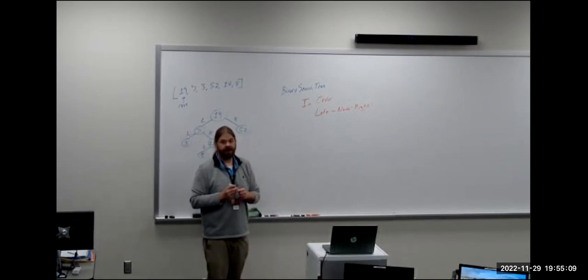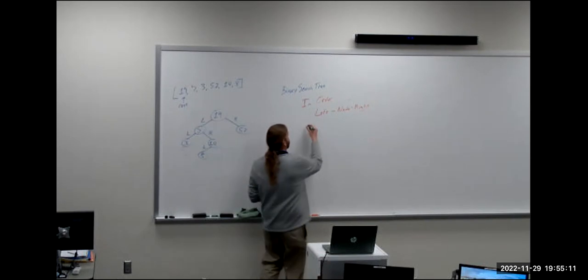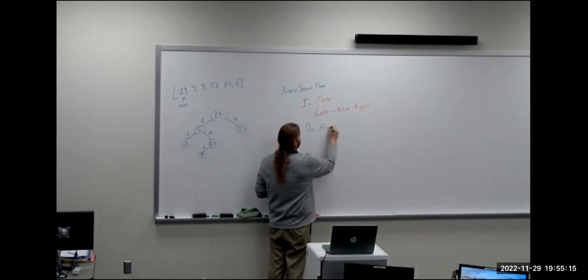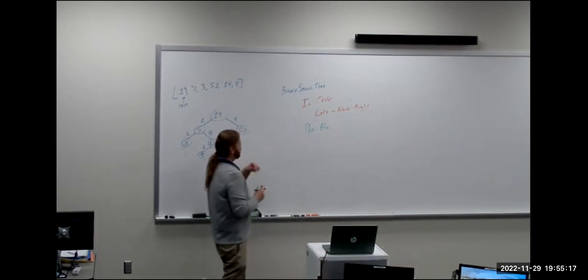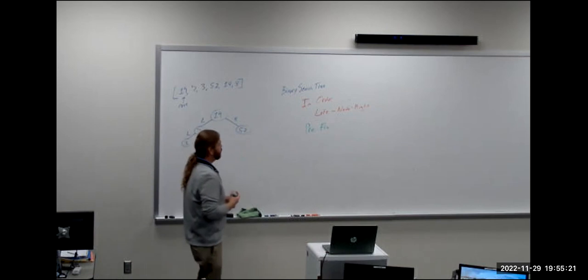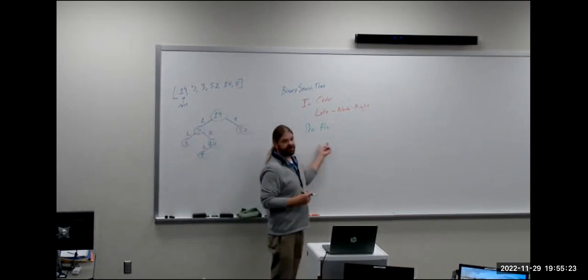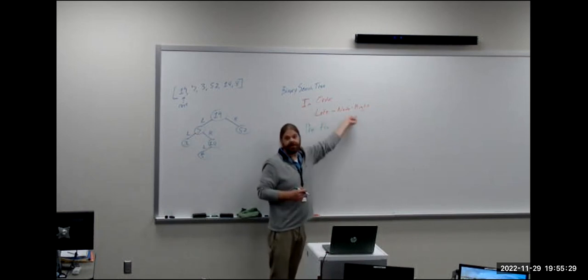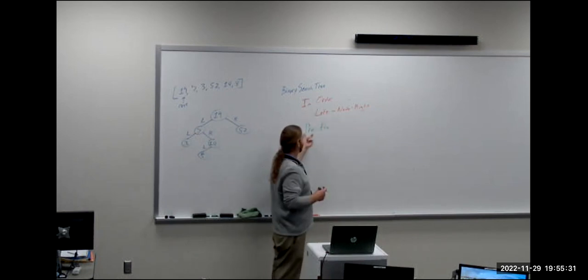Then we have prefix. And for prefix, we do the node first. Pre refers, so we're referring to our node, right? It's in order. It goes between left and right.